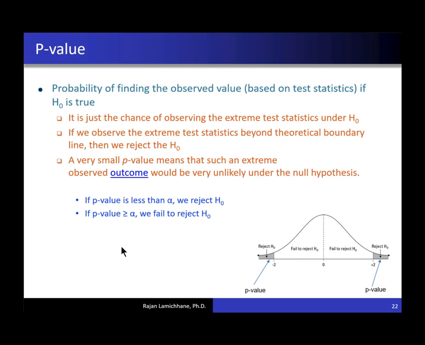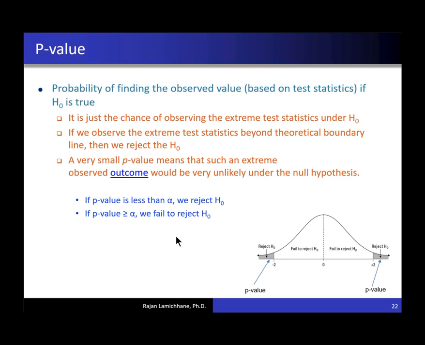What does that mean? It means that if the chance of observing the outcome based on the sample is less than the false positive rate, then we are very unlikely to observe that sample, so that sample is just by chance, meaning we are rejecting the null. But if the p-value is greater than or equal to alpha, then we fail to reject the null hypothesis.